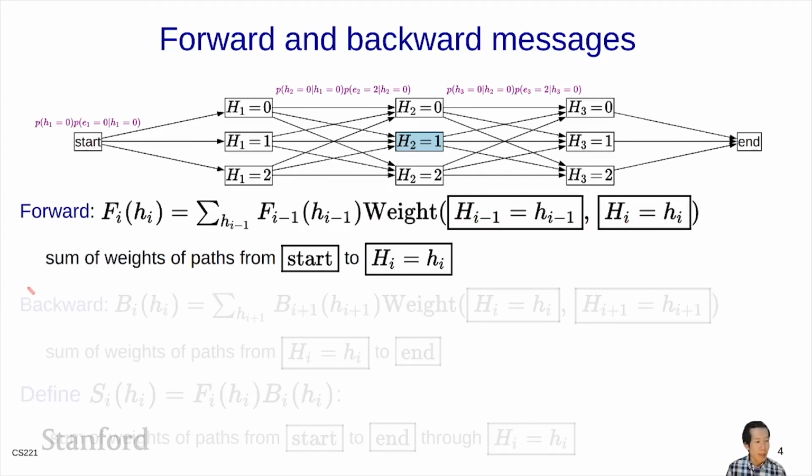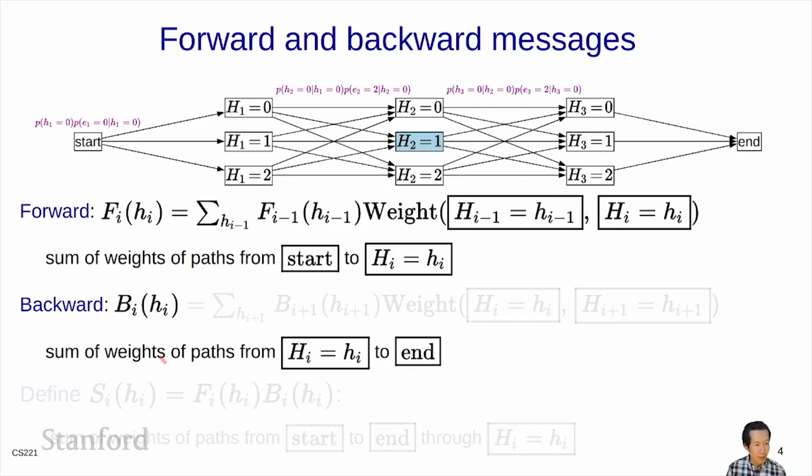So the backward message is analogous. b_i of h_i is going to be the sum of weights of all paths from a particular h_i equals h_i to the end. So b_2 of 1 is the sum of all paths from this to the end.